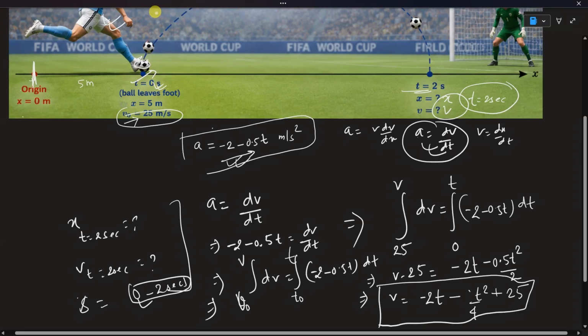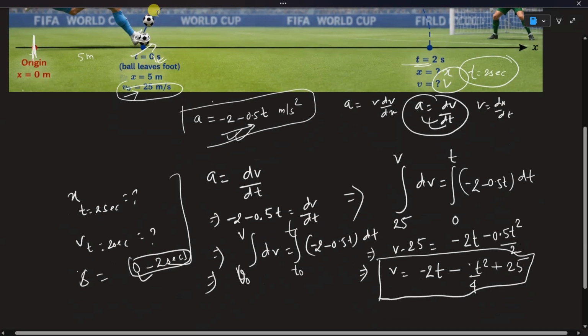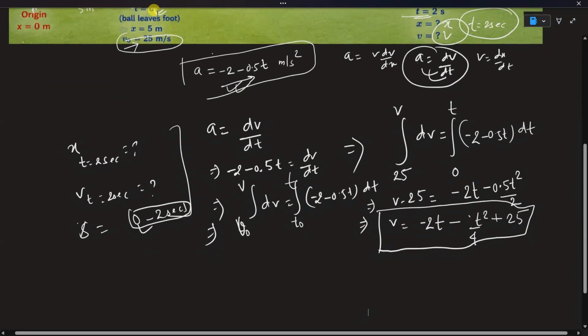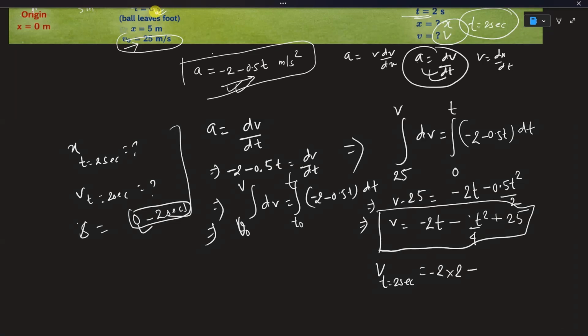Now you are asked to determine the velocity at time t equals 2 seconds, right? So minus 2 into 2 minus 4 divided by 4 plus 25, right?